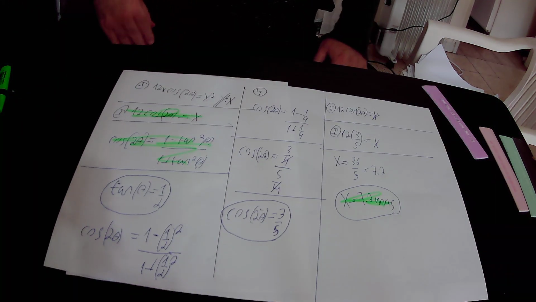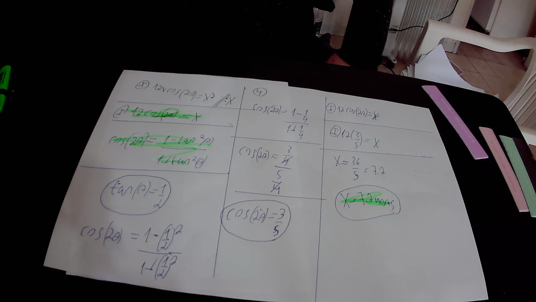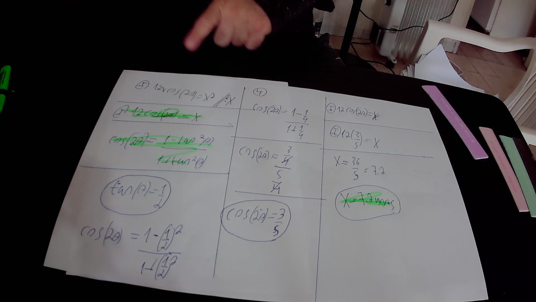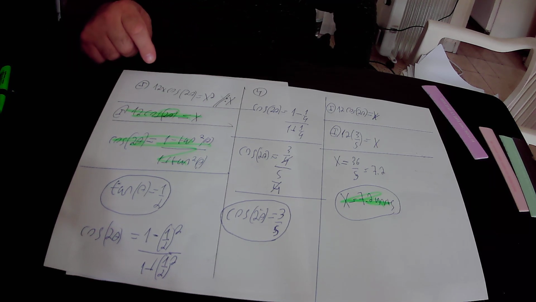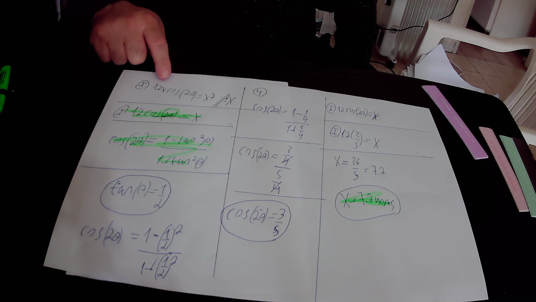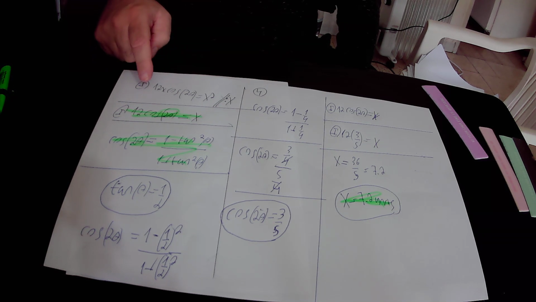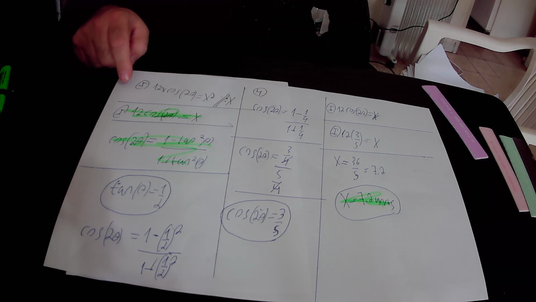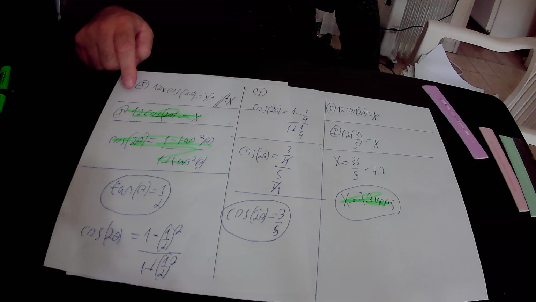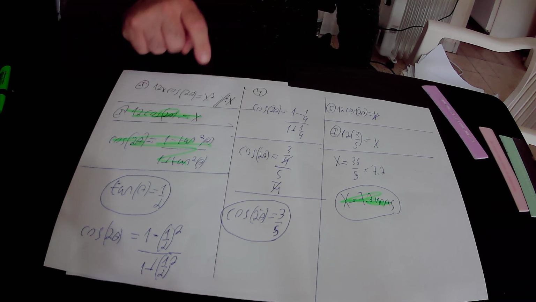Here we divided equation number 1 by x, and x will get cancelled, so on this side of equation number 1 we have 12 times cosine 2 theta, and on the other side we have x squared over x, which is x. So in conclusion, we found that according to equation number 1, 12 times cosine 2 theta equals x.